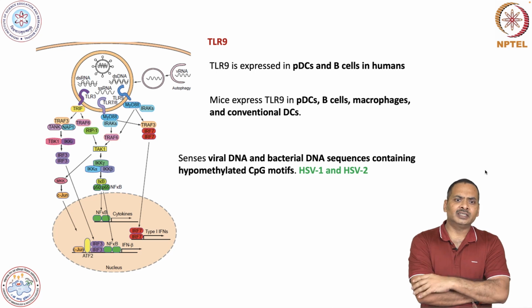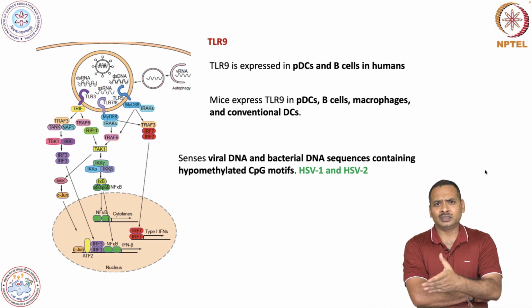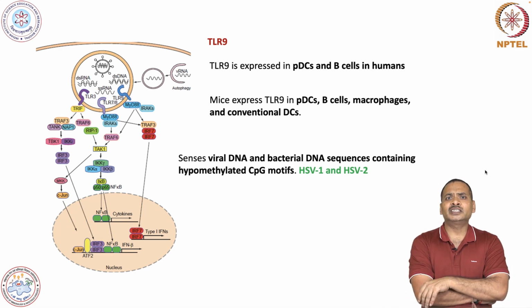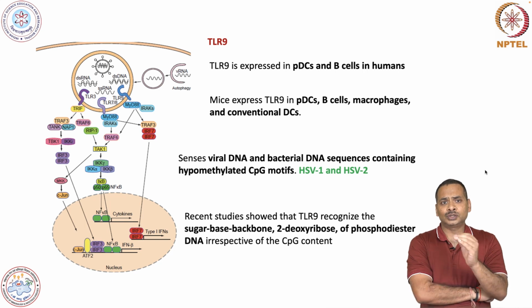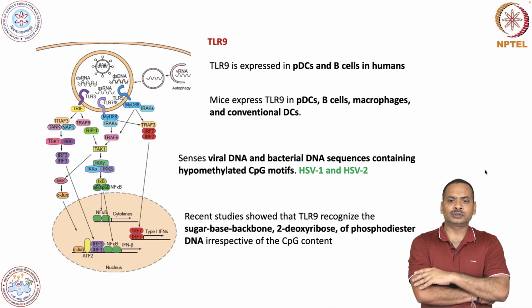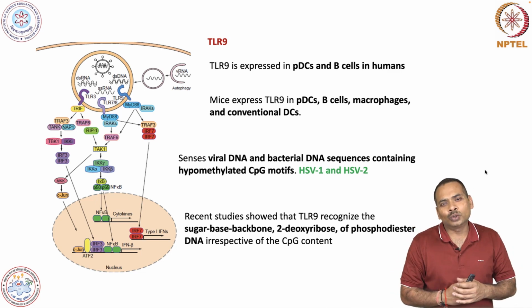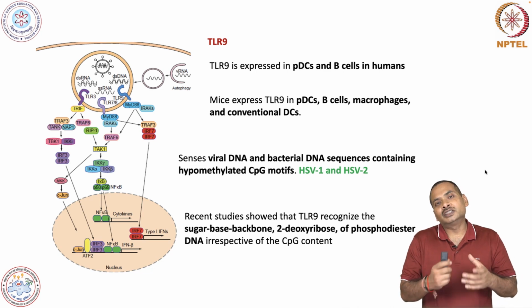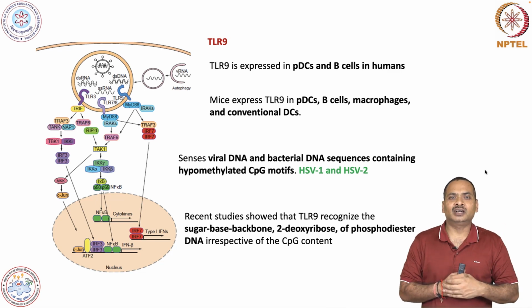If you remember, TLR9 senses the hypomethylated CpG region in DNA, so it senses viral and bacterial DNA sequences containing hypomethylated CpG motifs, for example derived from HSV1 and HSV2. A recent study showed that TLR9 recognizes the sugar base backbone, 2-deoxyribose of phosphodiester DNA, irrespective of CpG content. So, this is a deeper insight into the recognition of DNA by TLR9.